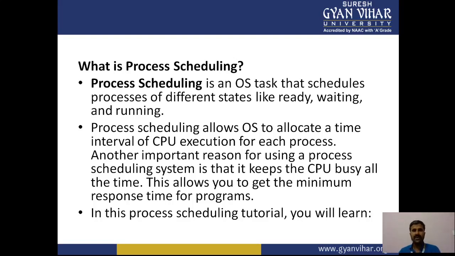So process scheduling allows the operating system to allocate a time interval of CPU execution to each process. Each and every process has certain time requirements. So process scheduling can allocate the time interval, that is, how much time each process requires to execute, right?